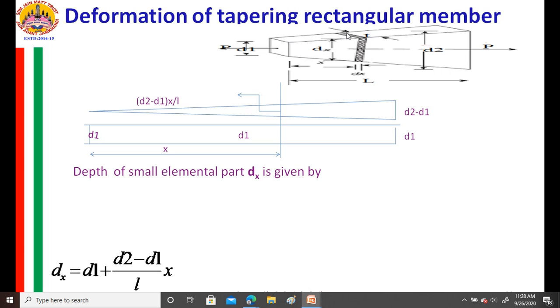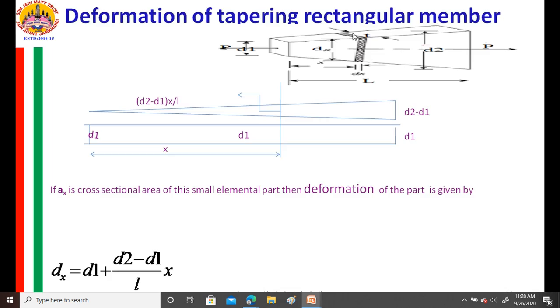If the area at this location is A subscript x, that is the cross-sectional area of the small elemental part, then the deformation of the part is given by, first you should know what is A subscript x. A subscript x is equal to depth d subscript x multiplied by the thickness t.